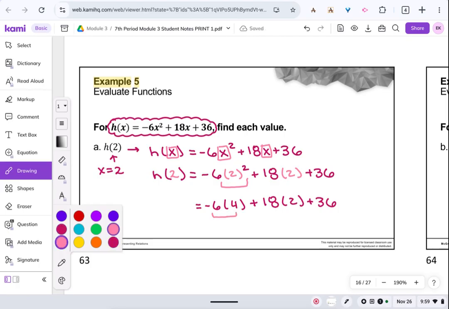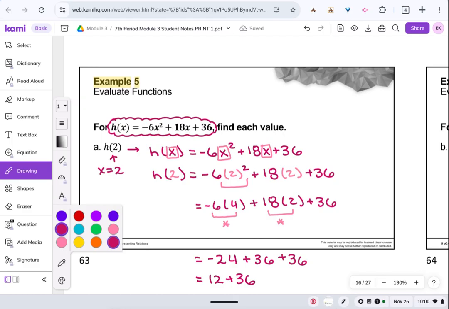These are both multiplying, so I can actually do those both at the same time. When I multiply those, I get negative 24, and then 18 times 2 is 36, plus 36. Negative 24 plus 36 is going to be 12, so 12 plus 36, and then that's going to equal 48.